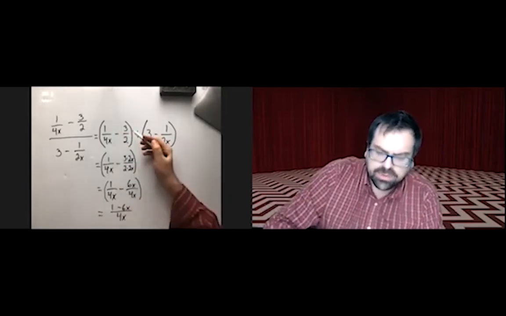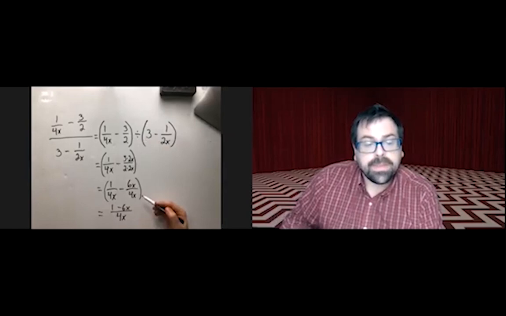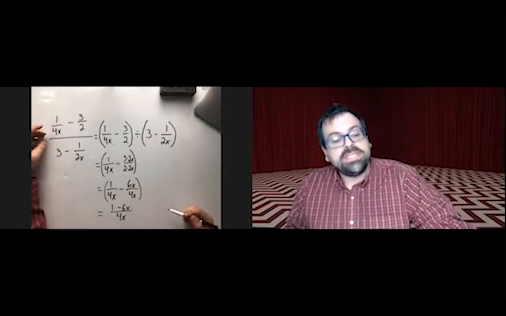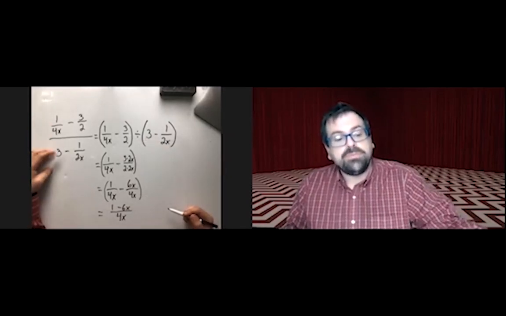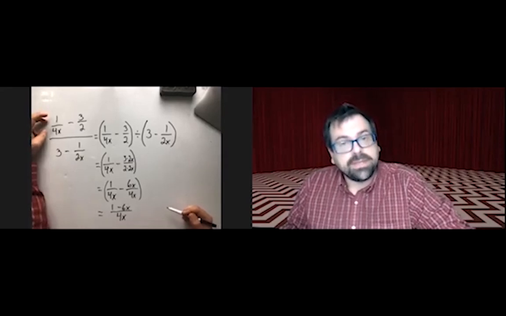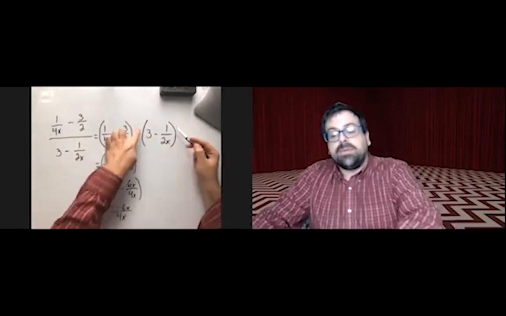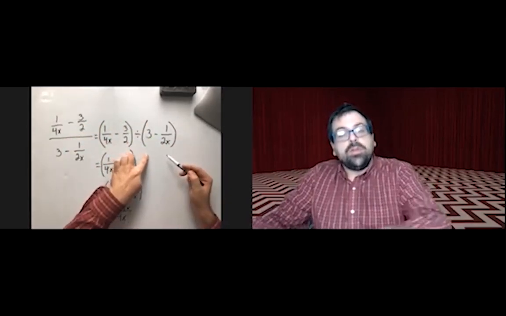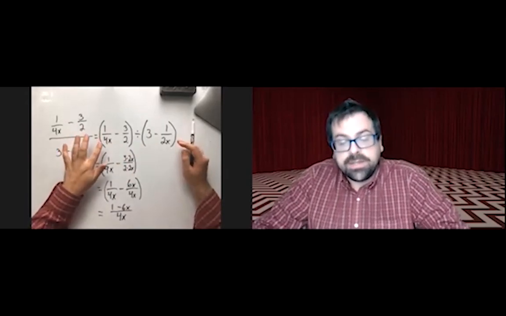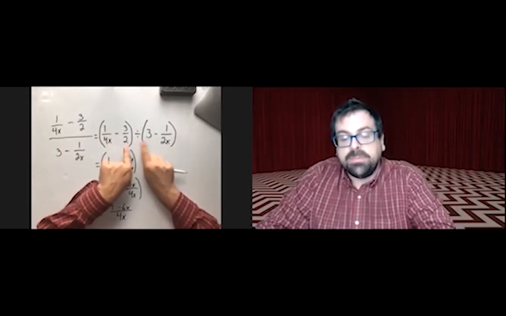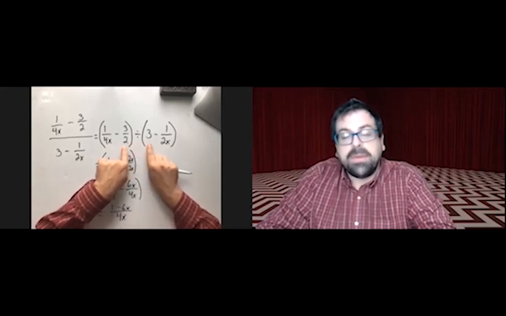And why was it in parentheses? Well, because it's top divided by bottom, which means we have to simplify the top completely. We have to simplify the bottom completely. That's represented by the parentheses around each of these. Notice without the parentheses, we would have this division problem in the center, 3 halves divided by 3, and that would have to come first by order of operations.